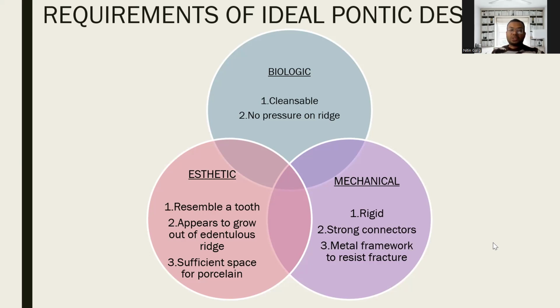It should have sufficient space for the porcelain build-up if you are doing a PFM or an all-ceramic Pontic. Mechanically, it should be rigid and hard enough. It should have strong connectors, the width should be available, and a metal framework to resist any fracture.